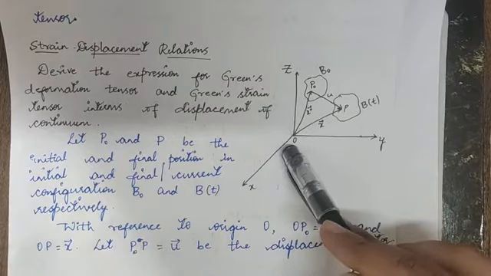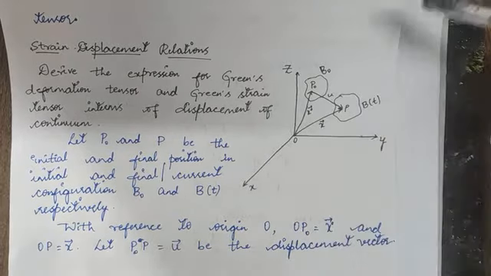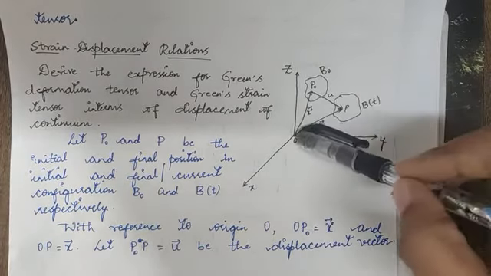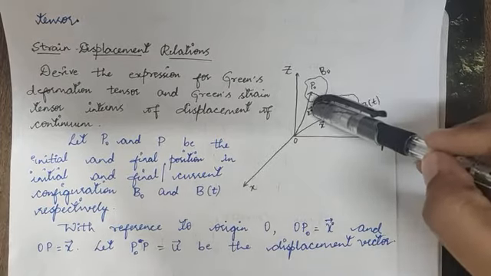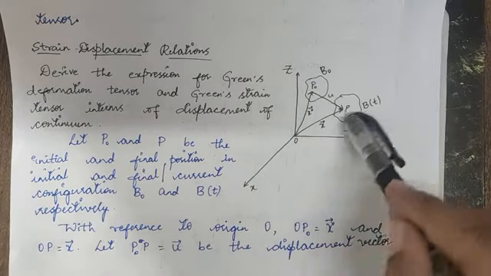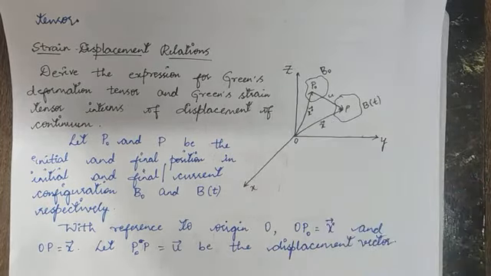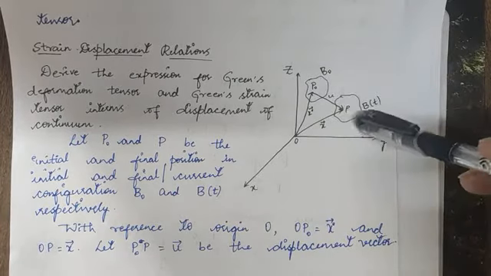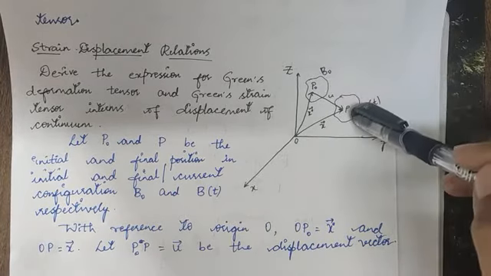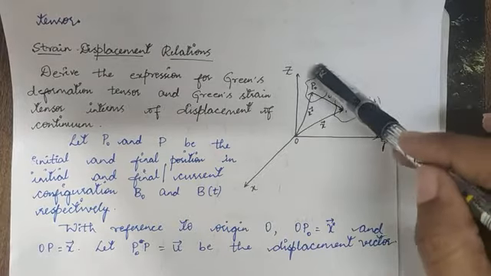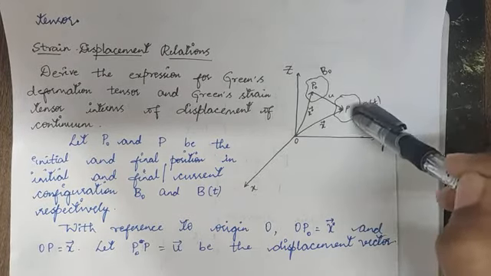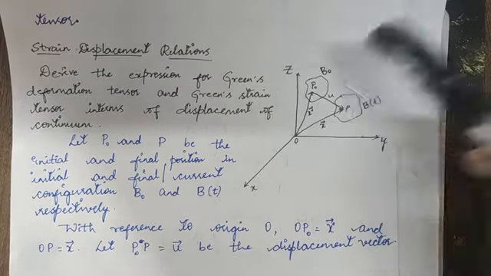This is the fixed origin. If you observe this figure, you can write OP naught is nothing but vector x naught and OP is nothing but vector x. From P naught to P, the displacement is denoted by vector u.